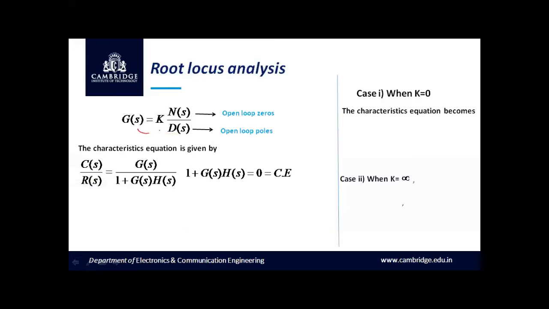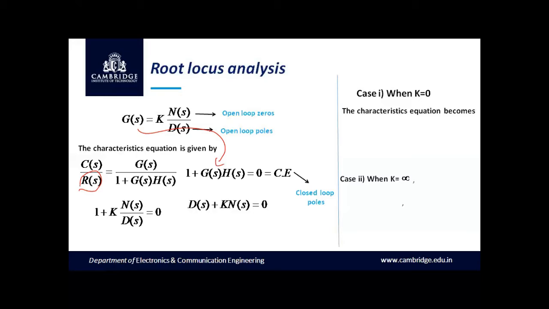Now let us substitute for G of s in this characteristic equation. We know that the characteristic equation is nothing but the denominator of the closed loop transfer function. Hence, its roots are the closed loop poles. After substituting for G of s, we get 1 plus k into N of s divided by D of s equal to 0.